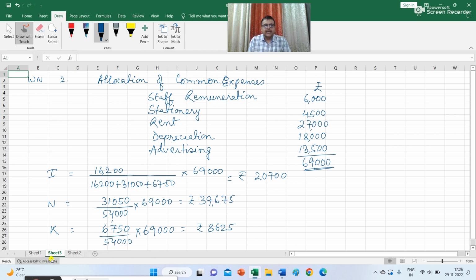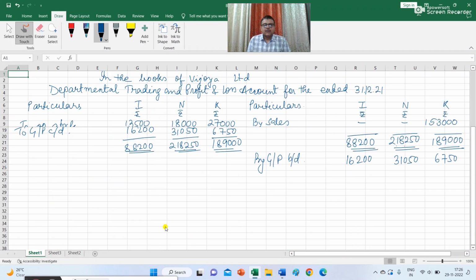Please have a look at how I have allocated the common expenses to the three departments. In the profit and loss account, I have to write here "To common expenses": 20,700 for Department I, 39,675 for Department N, and 8,625 for Department K. So after allocating the common expense, we will have a departmental loss.